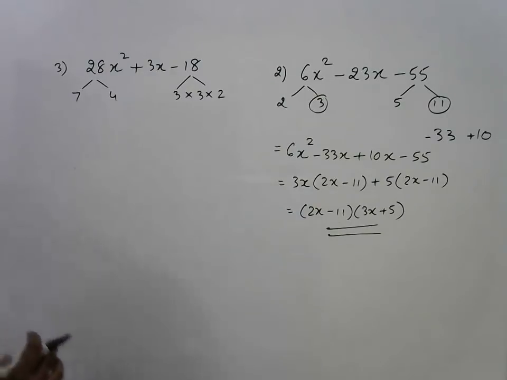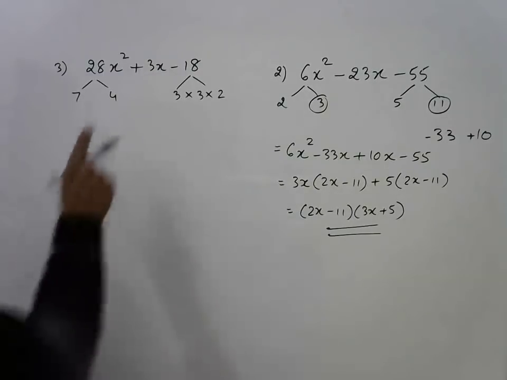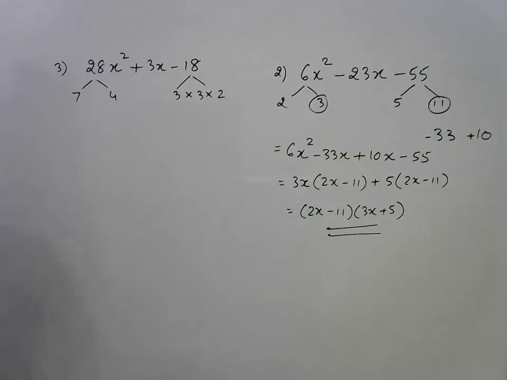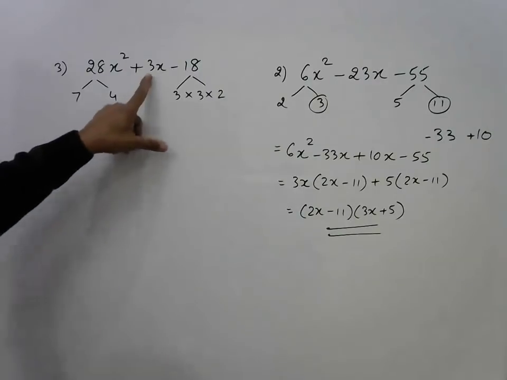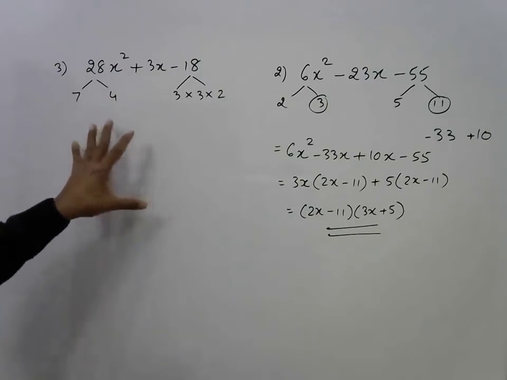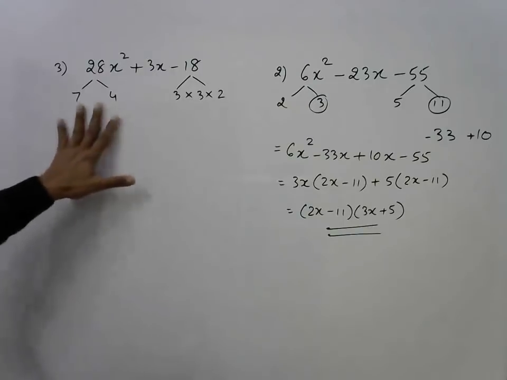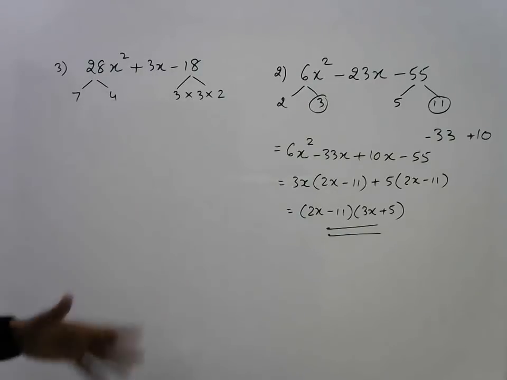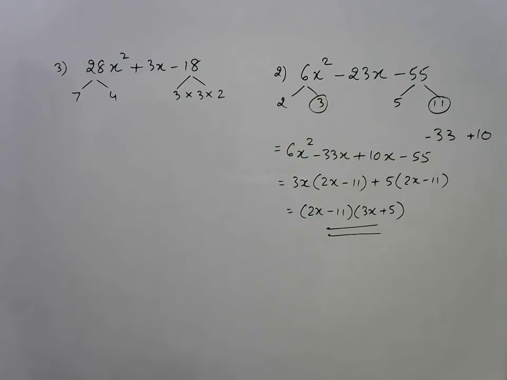As I told you, you need to have a sum of 3 or a difference of 3. In this case, a sum of 3 is highly unlikely because the numbers are quite large. So we will have a difference of 3 between the two numbers, one positive and one negative. Only then you will have the net result.